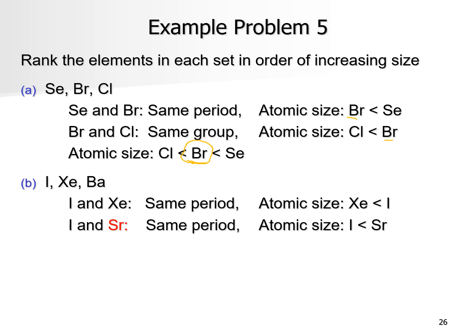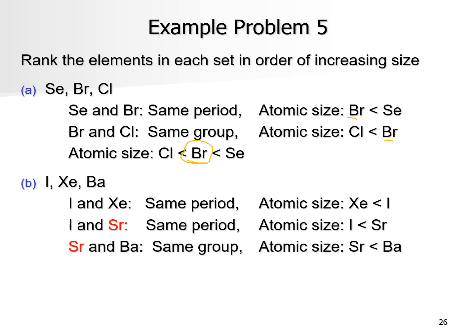We realize strontium is in the same period with iodine and xenon. That makes strontium, Sr, the largest of all three. Xenon is the smallest one. Strontium is the largest.